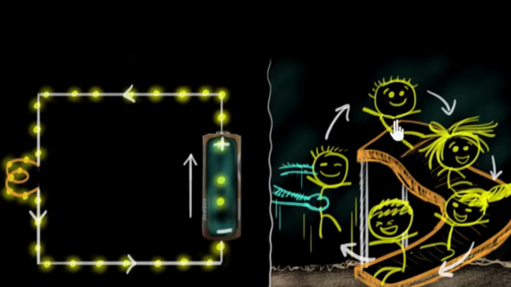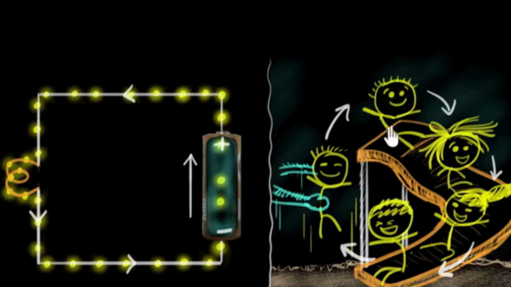So as the kid keeps moving down, there is a lot of heat generated in the slide. And since heat is a form of energy, we could ask, where did that energy come from? And you may already know the answer to this. We say that energy was already stored up in this kid. As the kid moved down, slowly, the stored up energy got converted to heat.